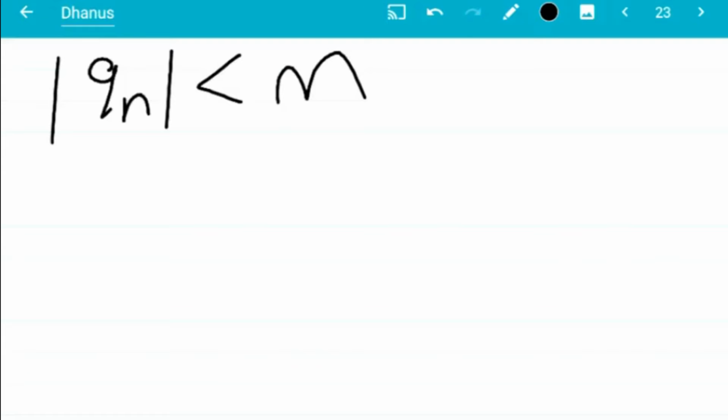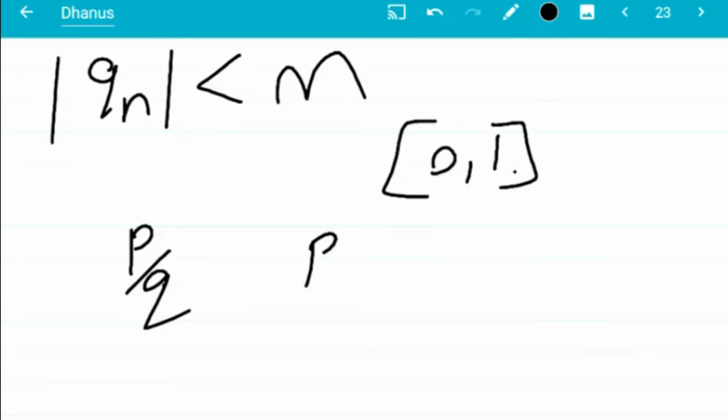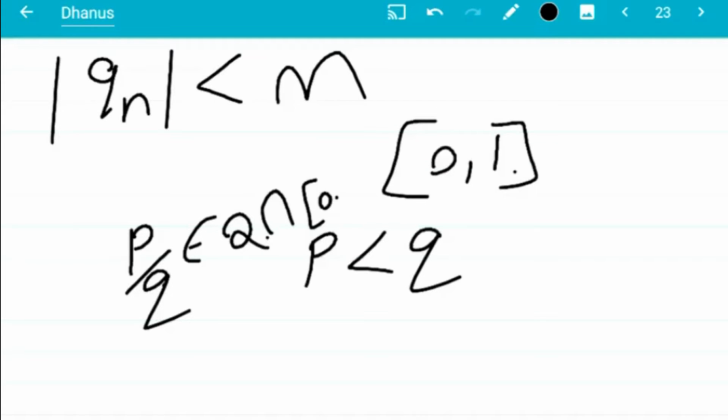For example, taking some rational in between 0 and 1, it will be some p by q with p less than q, and Qn less than m.